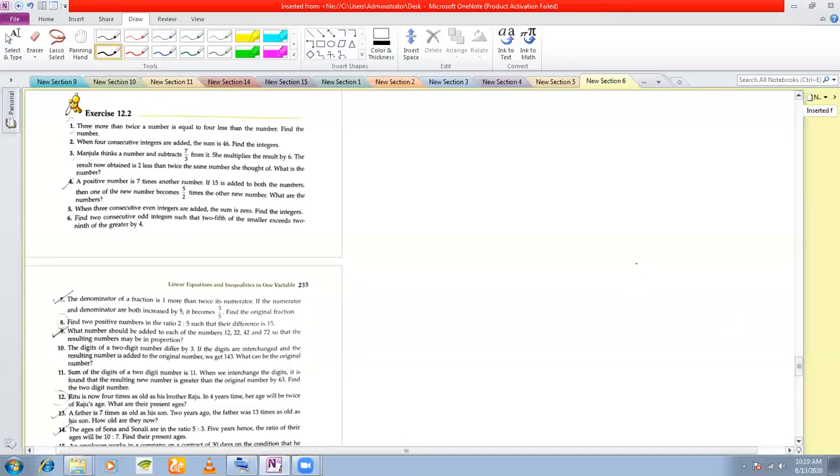Look at this, Exercise 12.2. Let me do a very simple one to start with, and then I'll continue tomorrow. Look at number 1. 3 more than twice a number is equal to 4 less than the number. Find the number. So you must always concentrate on what question is given.